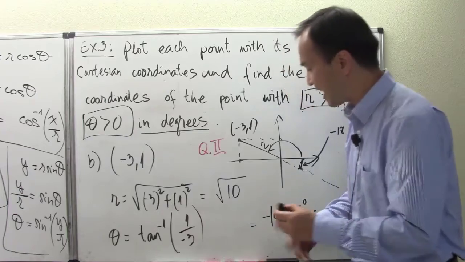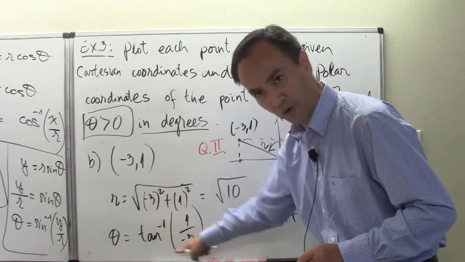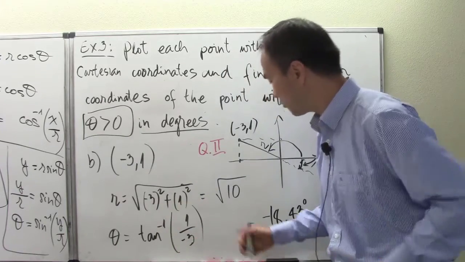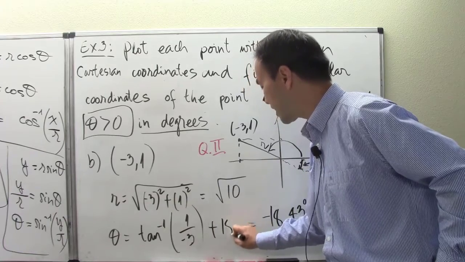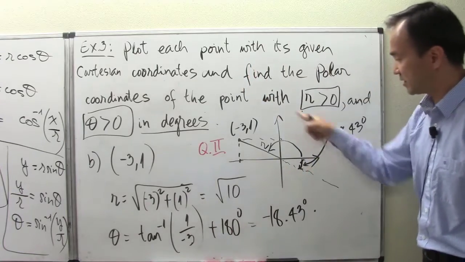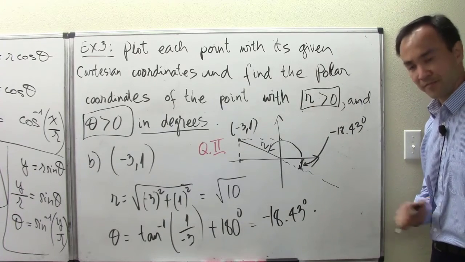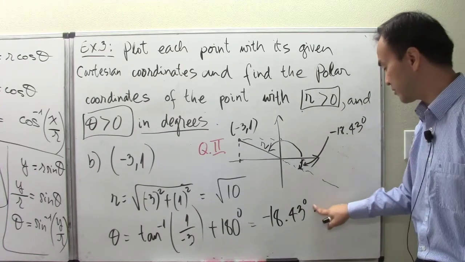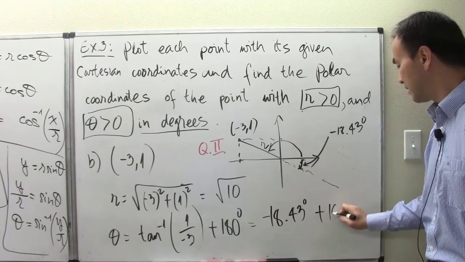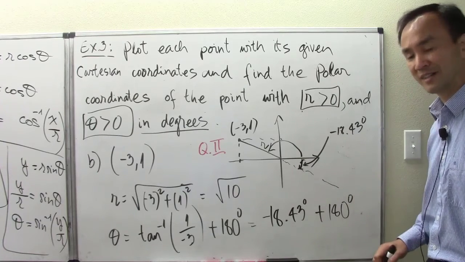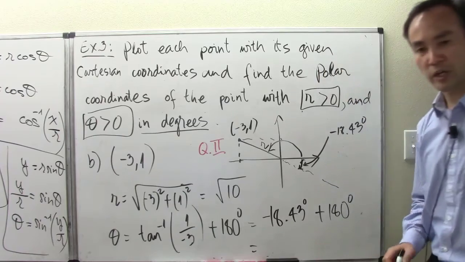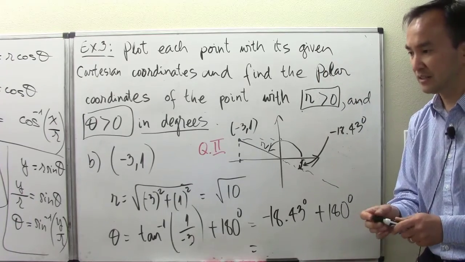So to find theta, we still run the tangent inverse, but we need to add 180, because from here to there, it's 180 degrees away. We add 180 degrees. Now I'm going to swing by my calculator again to get the exact calculation.